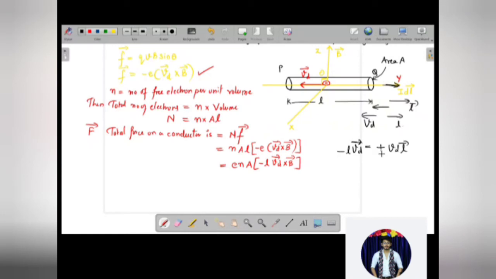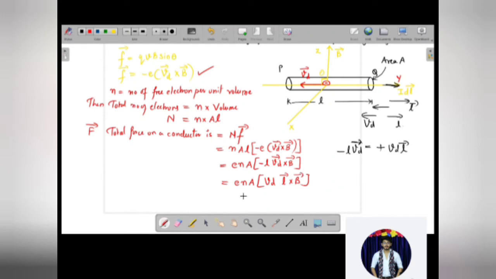So this concept I am going to use here. So this is going to be E N into A, and I am going to shift the vector sign, so this is going to be VD into L cross B. So this minus sign will vanish, because I have shifted the vector from one vector to another.